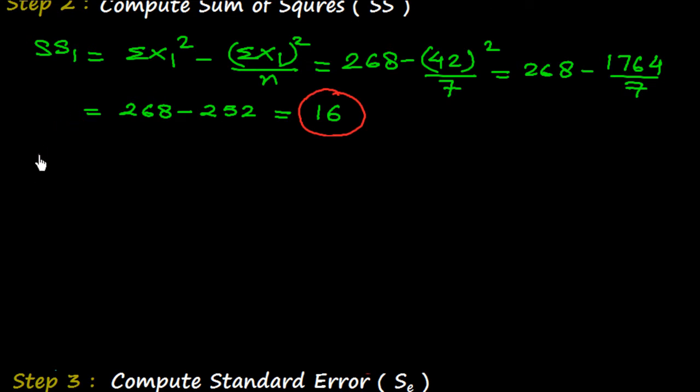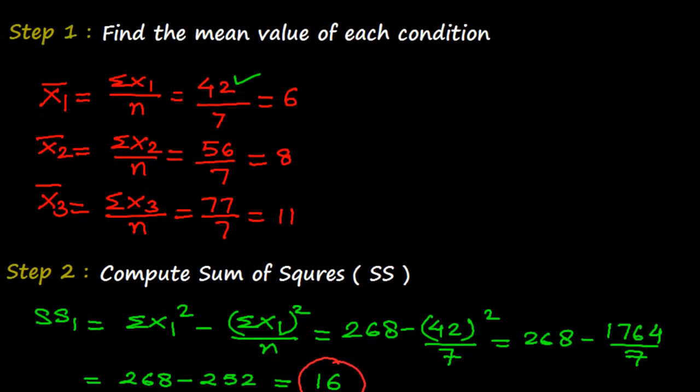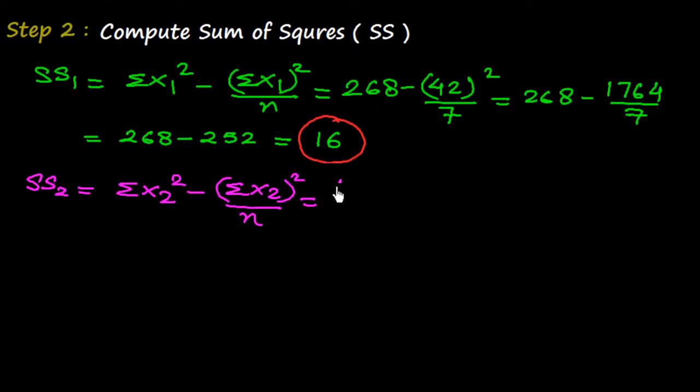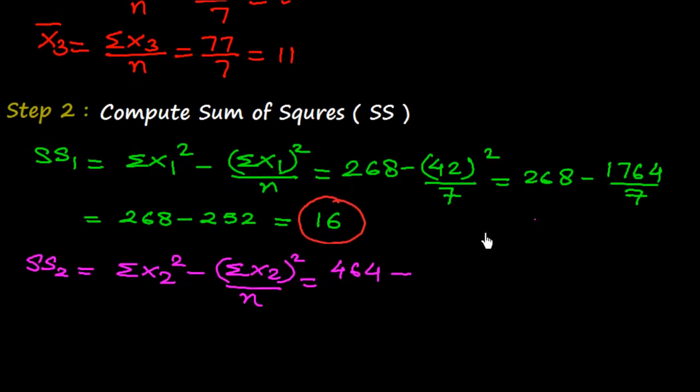Now we find out SS2. SS2 is equal to sigma x2 square minus sigma x2 whole square over n. So here we write sigma x2 square. Sigma of x2 square here is 464, so we write here 464 minus sigma x2. Look at here, sigma x2 is 56, so we write down here 56 square over 7.